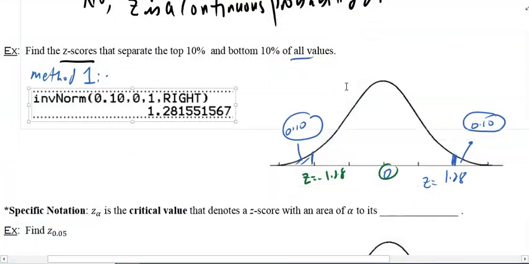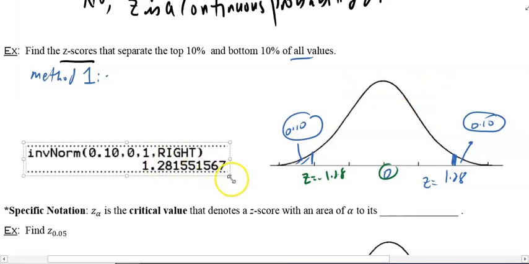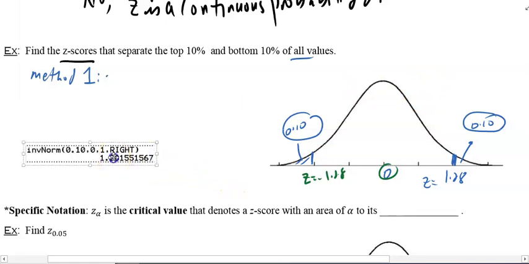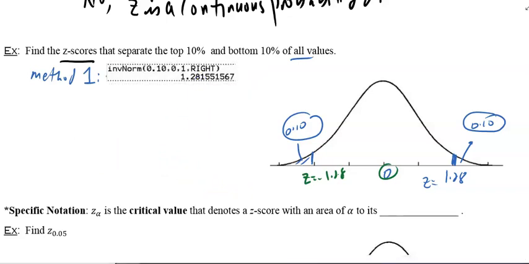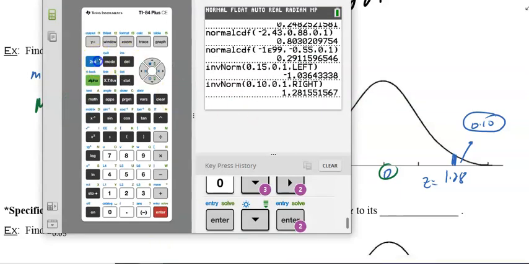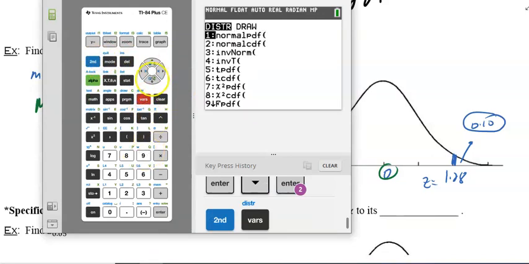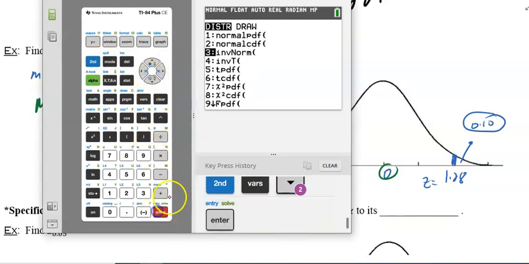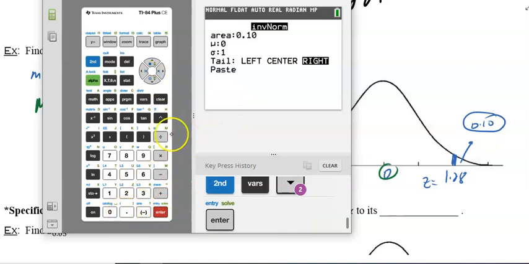There is a couple of other ways you could do this. Method 2. You could say, you know what? I'm going to use this. I'm going to use the distribution. And the reason I'm showing you this, I'm showing you can't get it wrong. An area of 0.10.